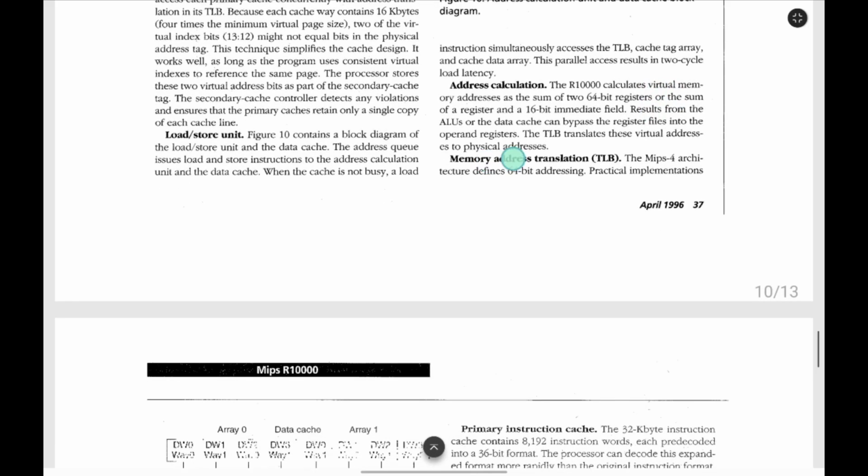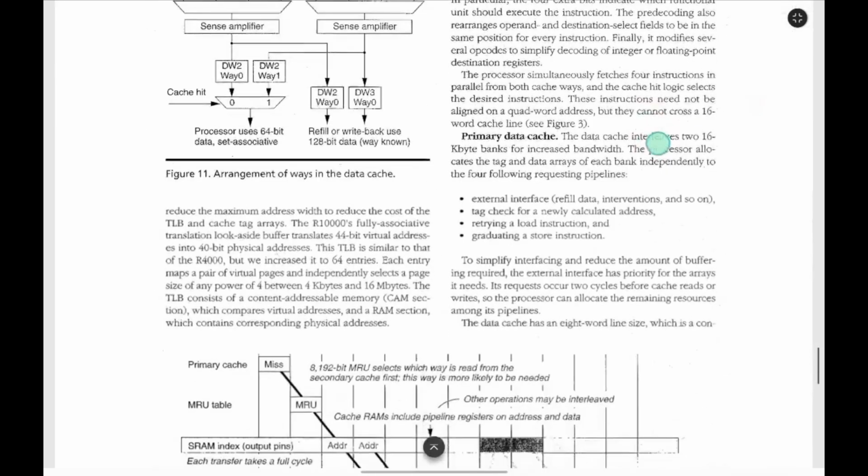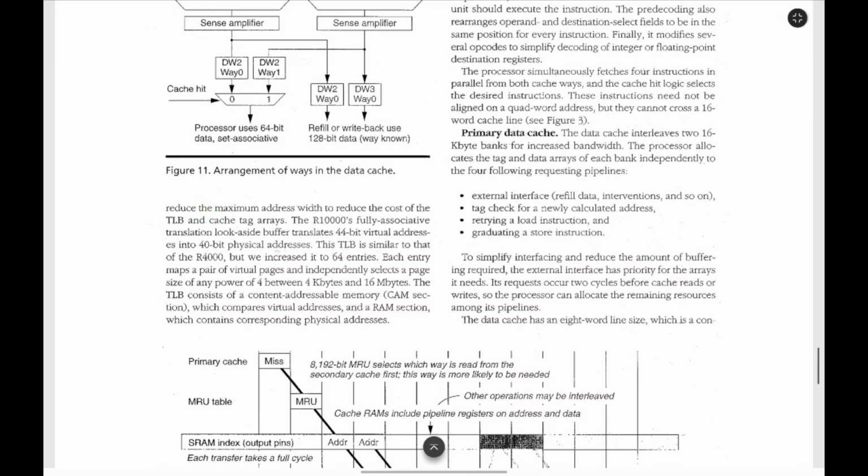Memory address translation, the TLB. The MIPS architecture defines 64-bit addressing. So practical implementations reduce the maximum address width to reduce the cost of the TLB and cache tag arrays. The R10000 fully associative translation lookaside buffer translates 44-bit virtual addresses into 40-bit physical addresses.